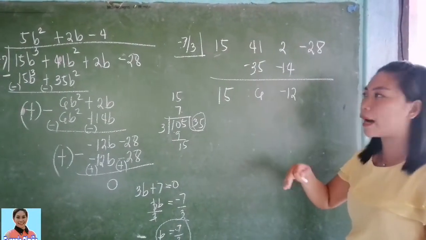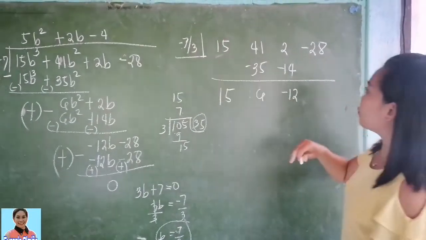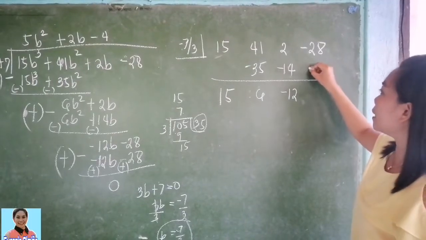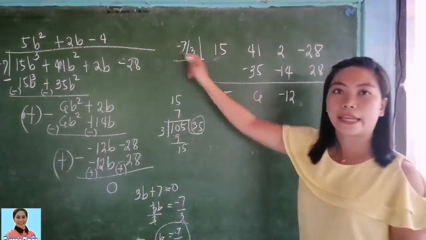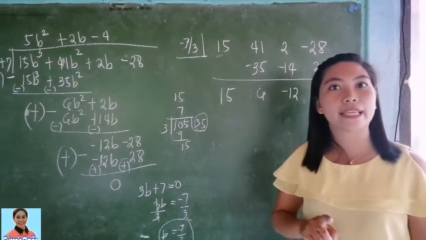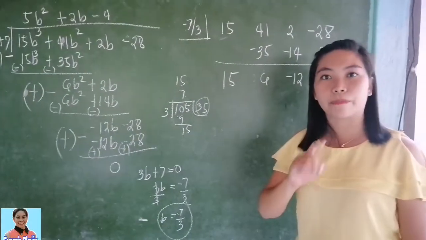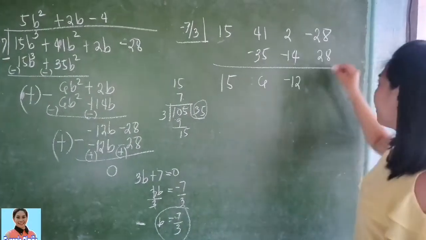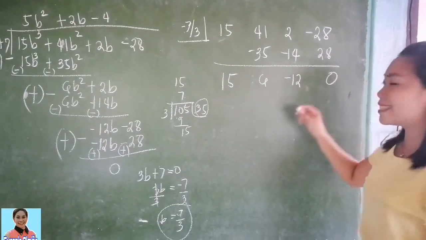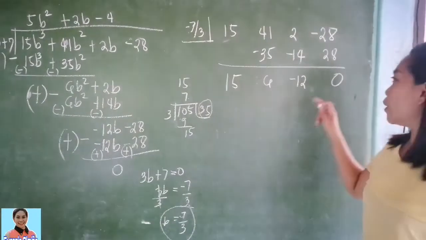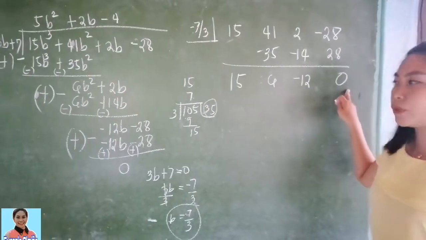Diba? Divided by 3, you have negative 28. I mean, positive 28, since both are negative. Tandaan po in multiplying like signs, the answer or the product will always be positive. Now, negative 28 plus 28, of course, 0. So, ngayon, meaning the remainder is equal to 0.